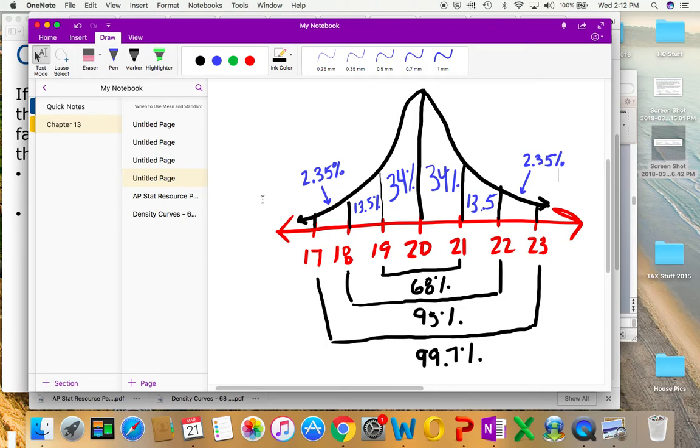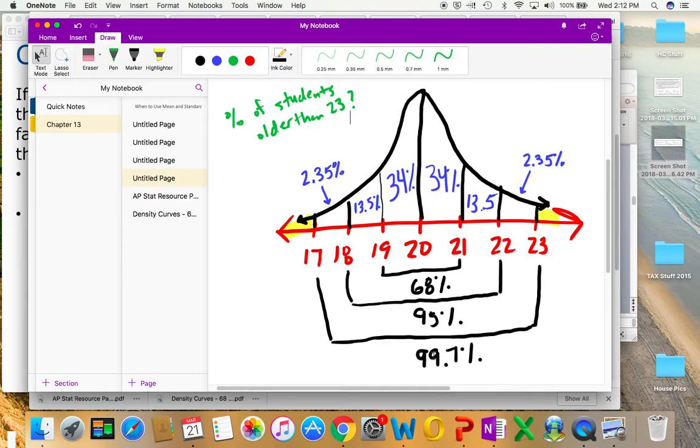Last but not least, what about these sections over here? Less than 17 and greater than 23. If I asked you, on the off chance, the percentage of students older than 23, how would you answer that question? It's not a whole lot because I know between 17 and 23 is practically the whole thing, 99.7%. But let's think about it. The whole density curve is 100%.